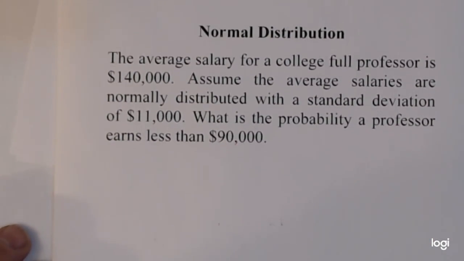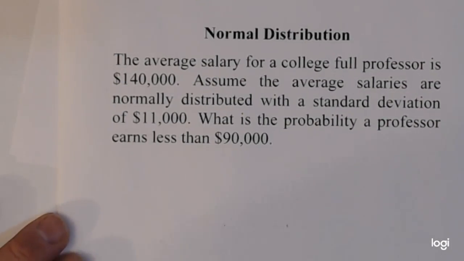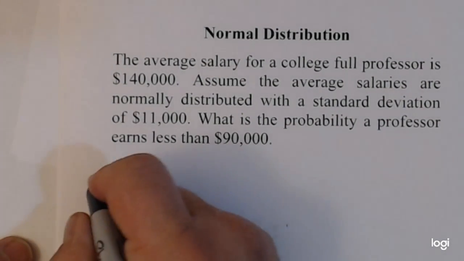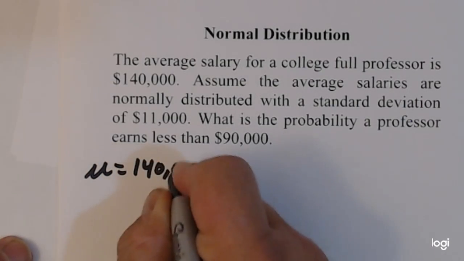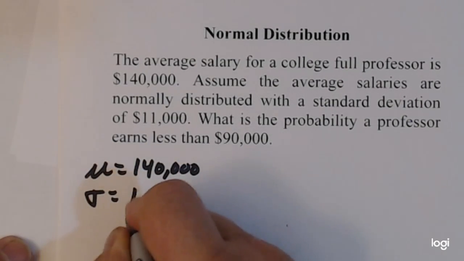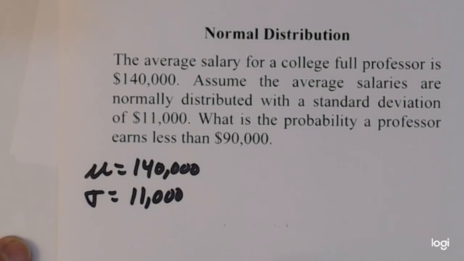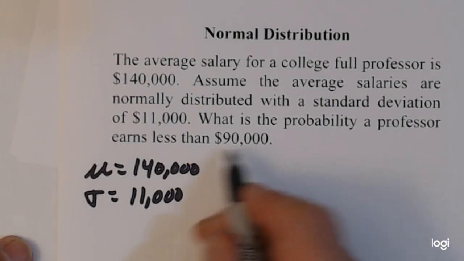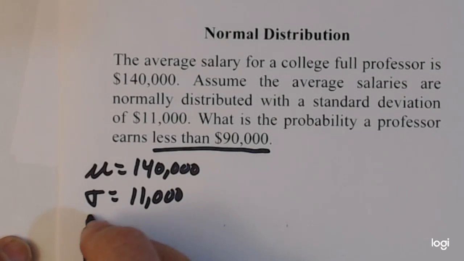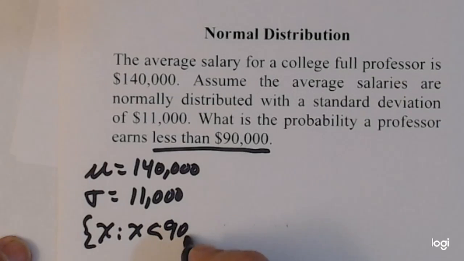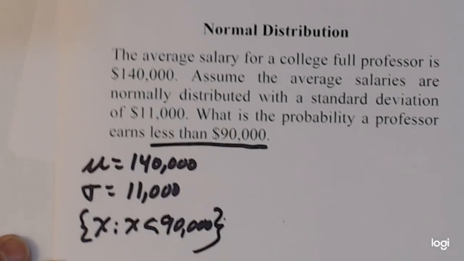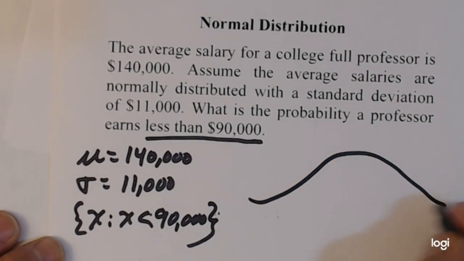So now, here's the next one. Same information about a college professor. So mu is equal to 140. Sigma is equal to 11,000. And it wants to know the probability a professor earns less than 90,000. X such that X is less than 90,000. Draw our picture.